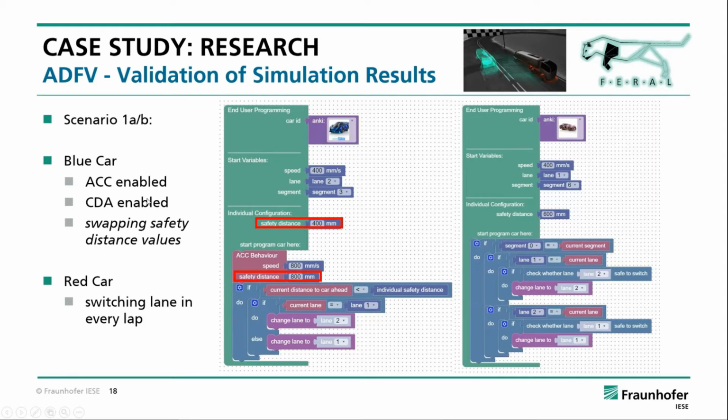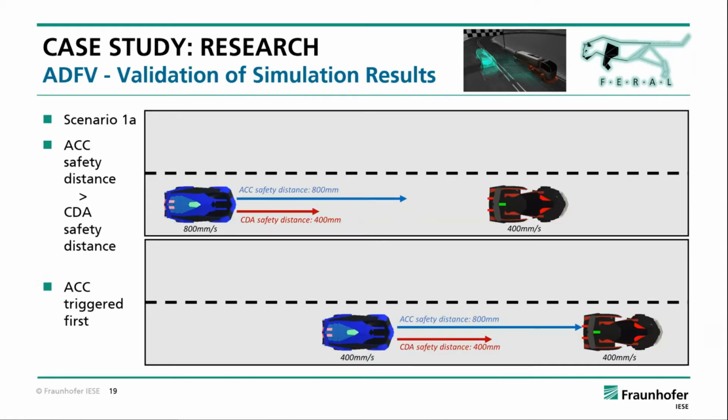So let's look at this figure here, how this really works. In one scenario, we have a dedicated safety distance and a dedicated distance for the overtaking. Here the ACC safety distance is 800 millimeters. The CDA safety distance, for overtaking, is shorter. So when you approach the leading car, the ACC safety distance is entered first, and you would follow.